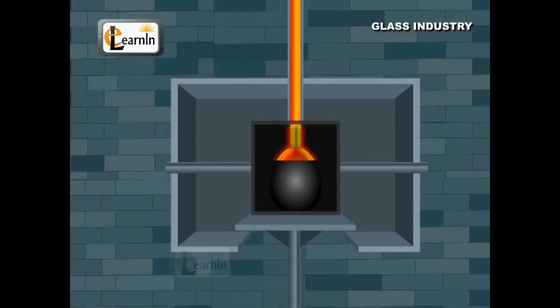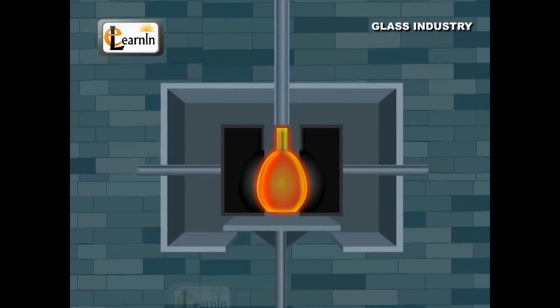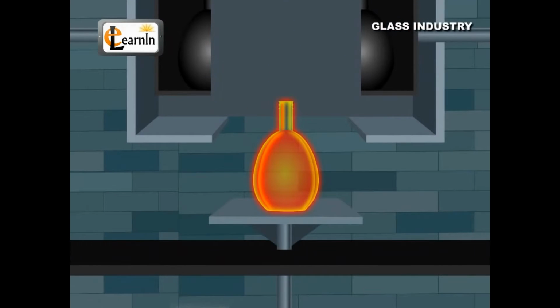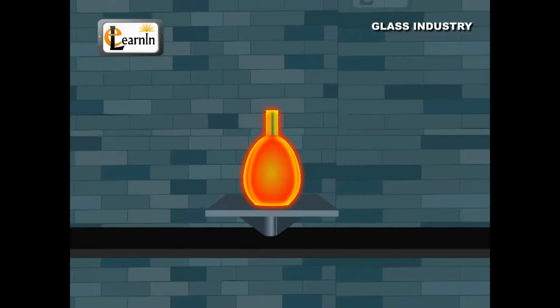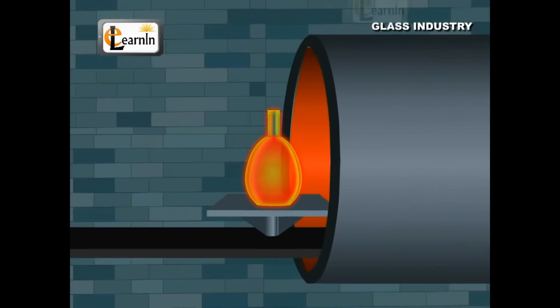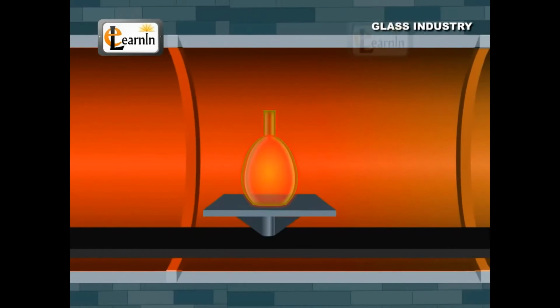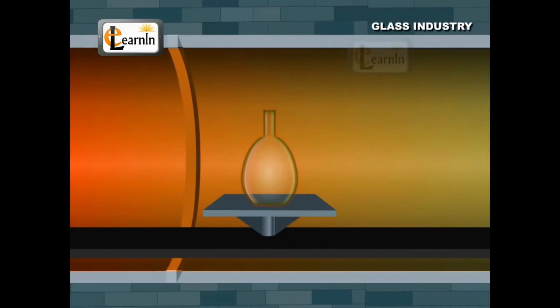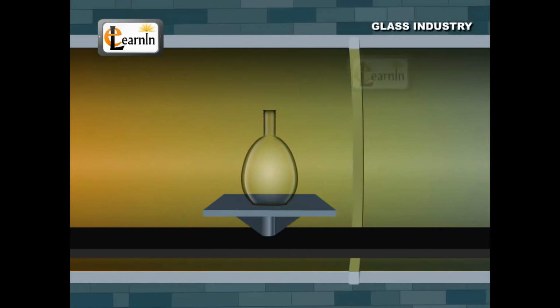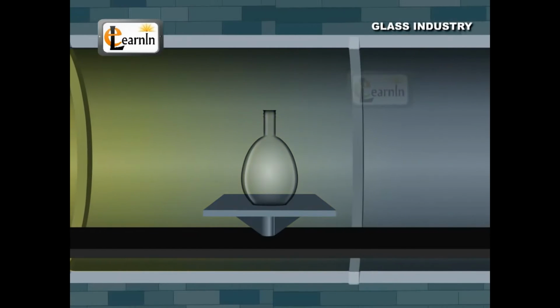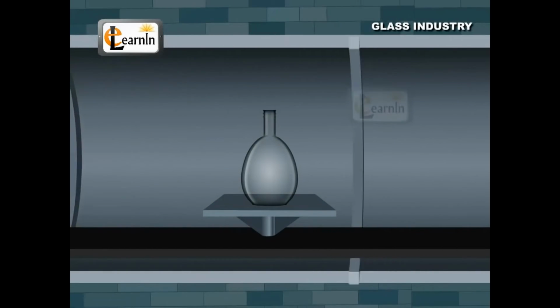The liquid glass is poured into molds of required shapes. Glass obtained by rapid cooling is brittle, so the glass is passed through a high temperature zone, then a low temperature zone in a long narrow chamber by conveyor belt, where it cools slowly, giving transparent glass. This process is called annealing, which strengthens the glass.